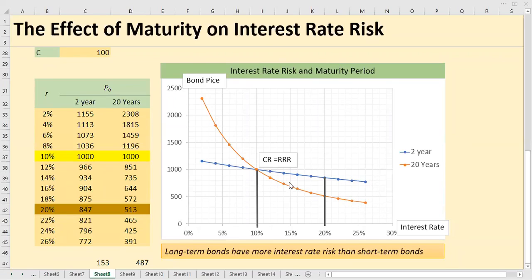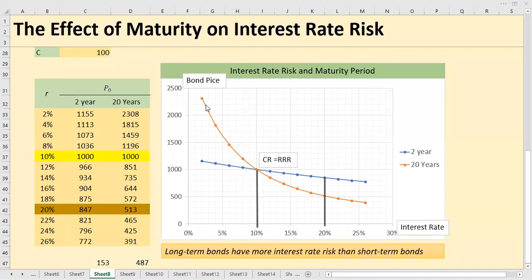Now if you look at this orange line, you can see the slope of the orange line is higher compared to the blue line, right? So higher the slope, higher the risk.